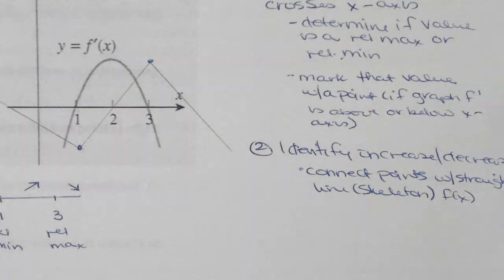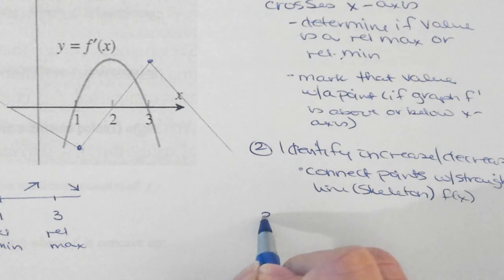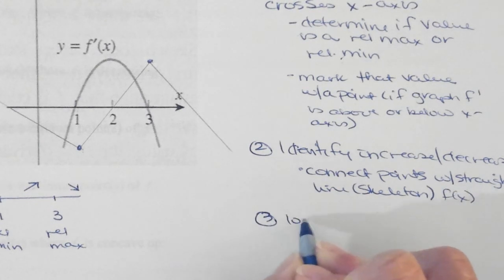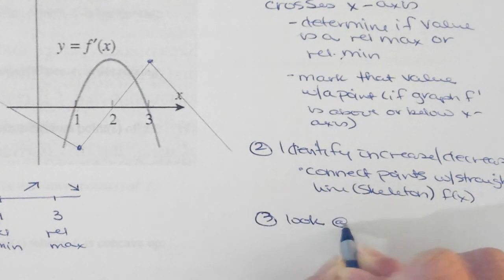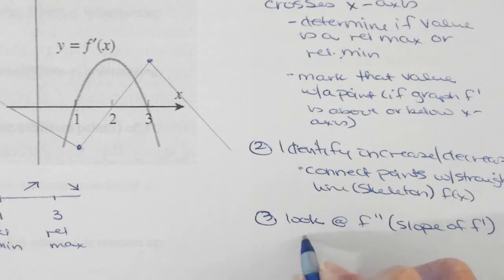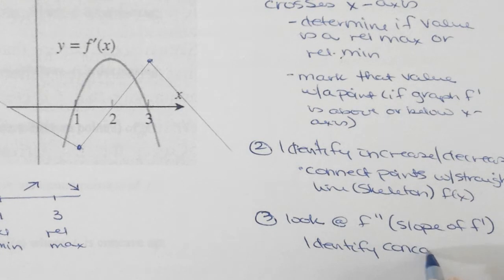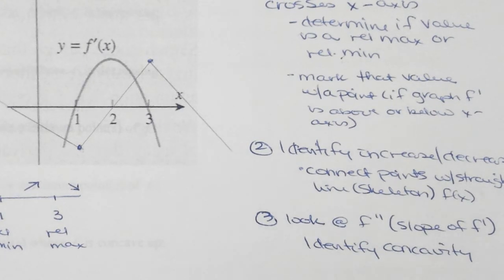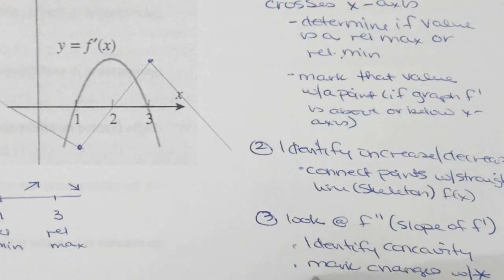The third thing that we're going to do is, yes, look at f double prime, which is the slope of f prime. We will identify concavity, and we will mark the changes in concavity with a star on the skeleton.